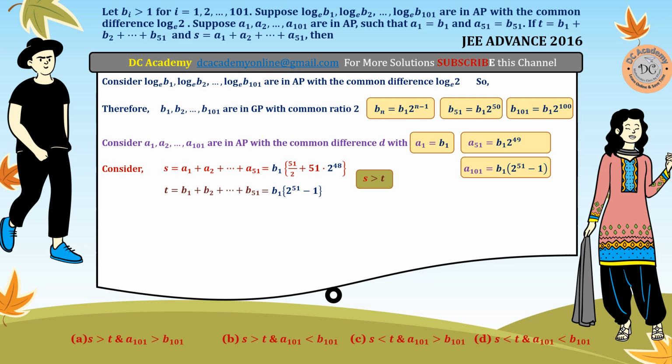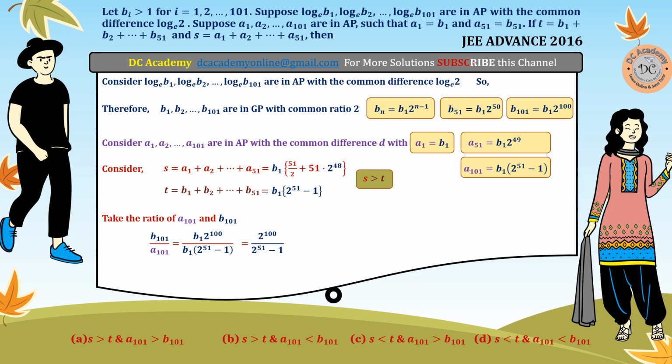So we take the ratio of B101 and A101. It is 2 to the power 100 divided by 2 to the power 51 minus 1. Now it is obvious that 2 to the power 100 is much bigger than 2 to the power 51 minus 1.